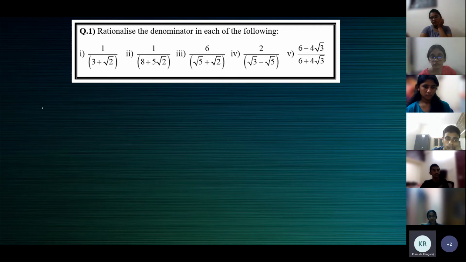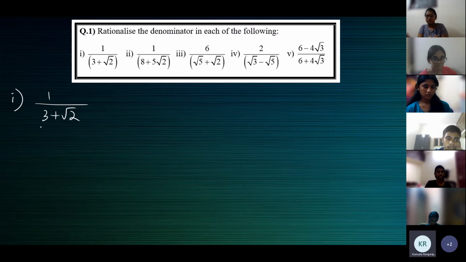So when the terms are connected by a plus or minus sign, they are not separable. They make one expression. But if it is multiplication, you can look at them separately. So now the first one, 3 plus root 2 is one expression. Don't say 3 is rational, root 2 is irrational.